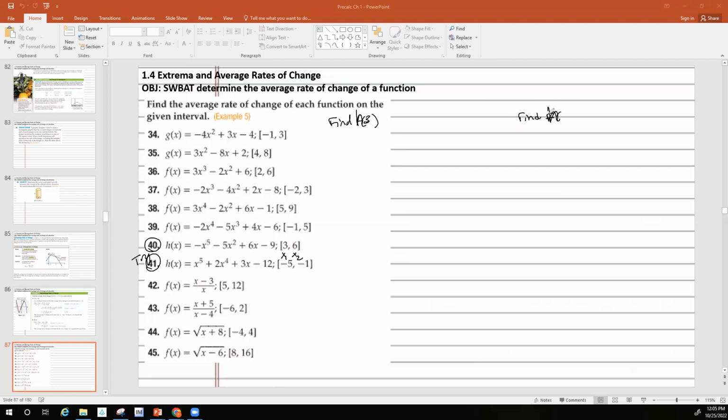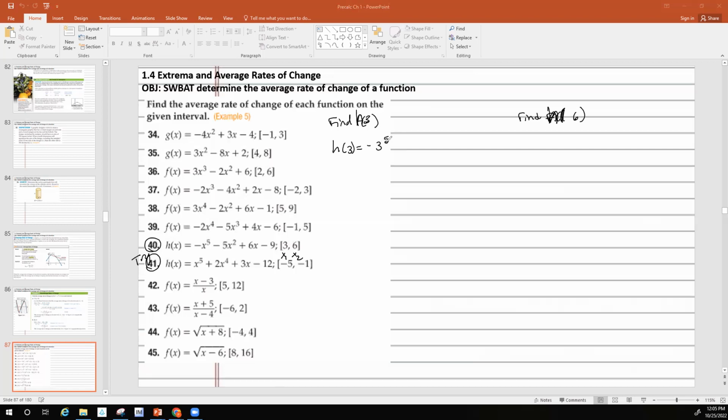H of 3, H of 6. All right, so for h of 3, we're just going to plug those into our formula: negative, and wherever we see an x, we're going to plug in a 3.